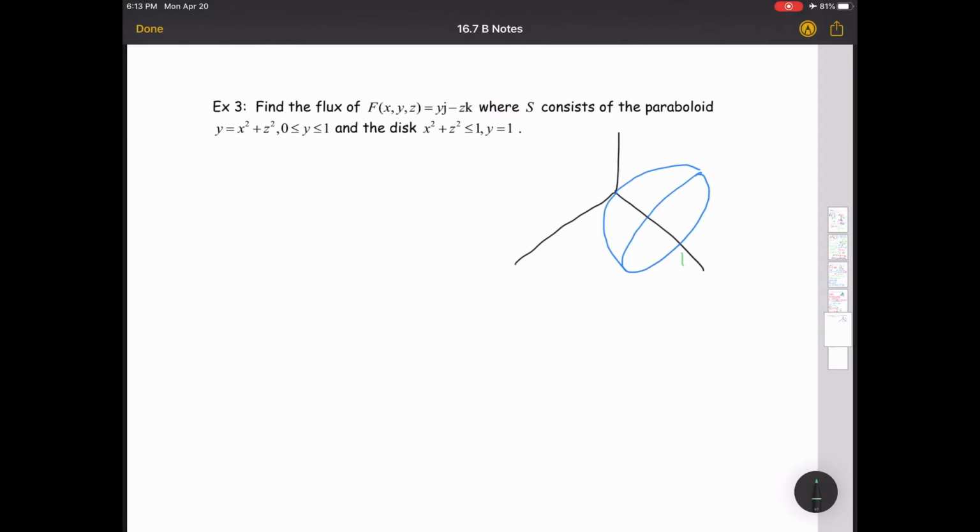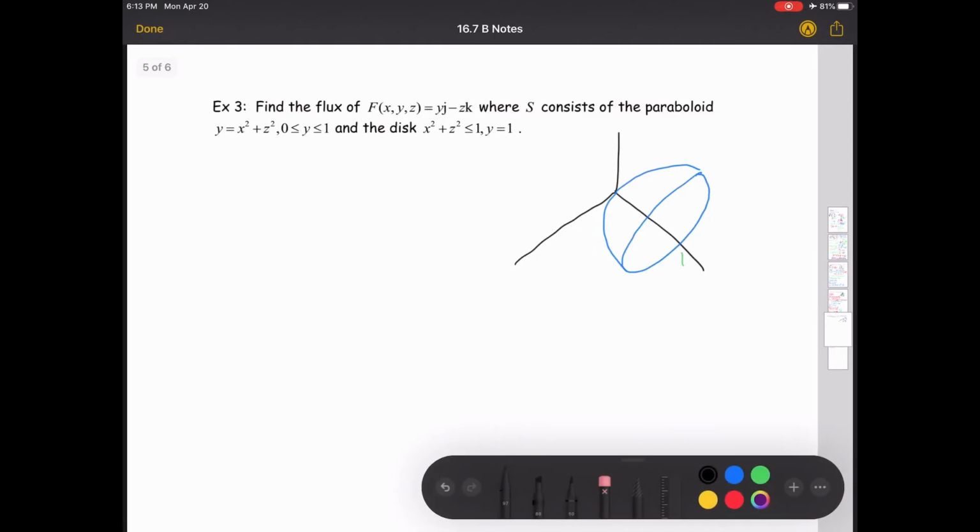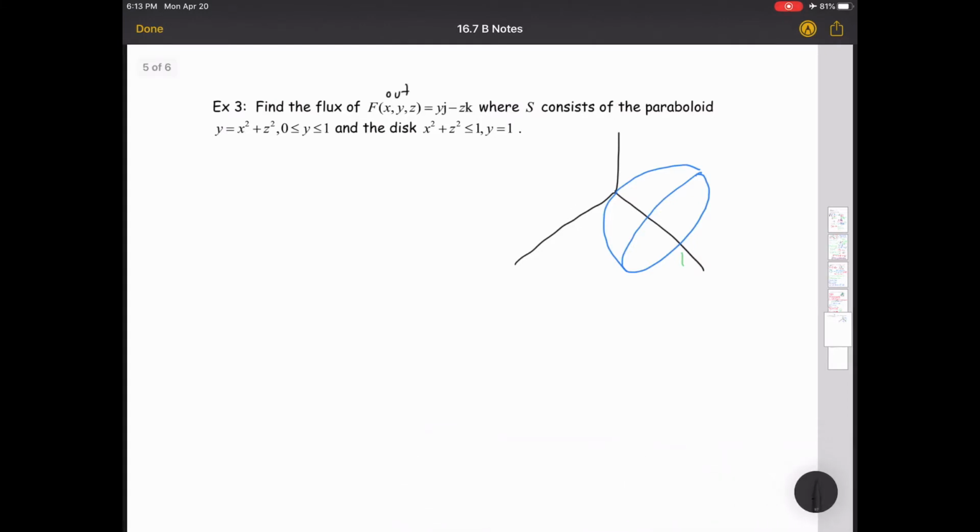So what we have, and it doesn't say this, and we're going to correct this real quick because I didn't type it, is that this is, first of all, outwardly oriented. We want it to be outwardly oriented. And this is always going to be the case when you have a closed surface, which is what we have.